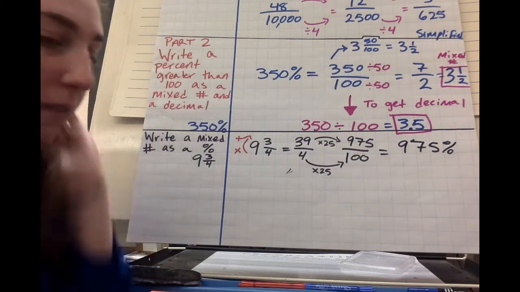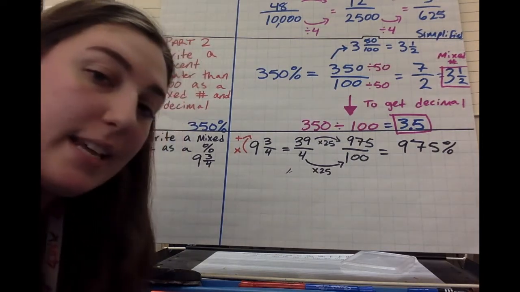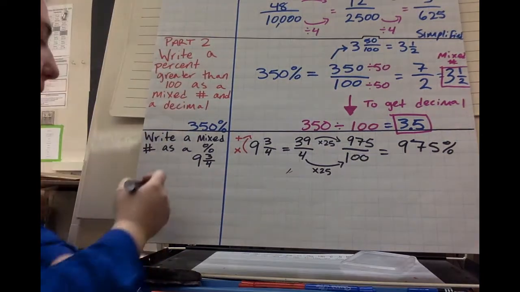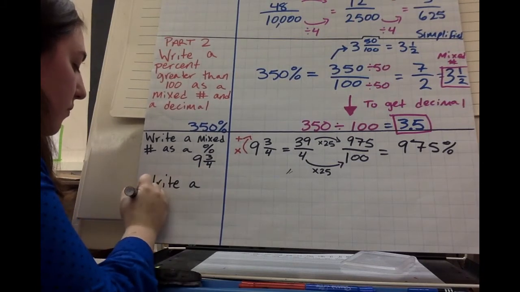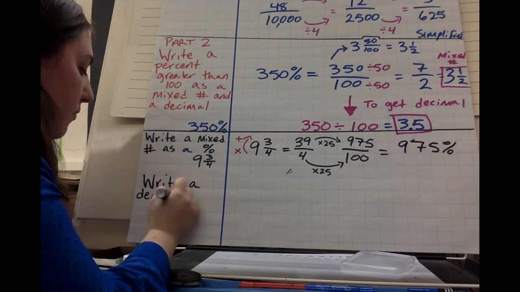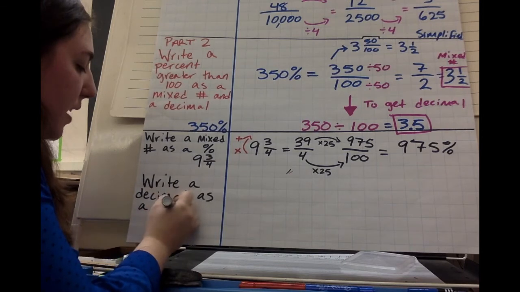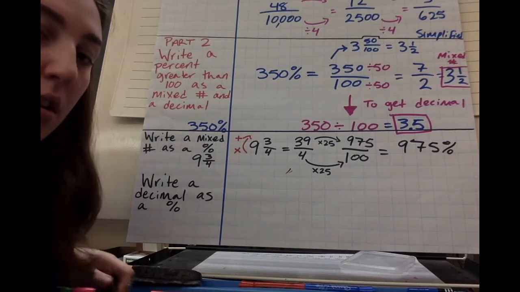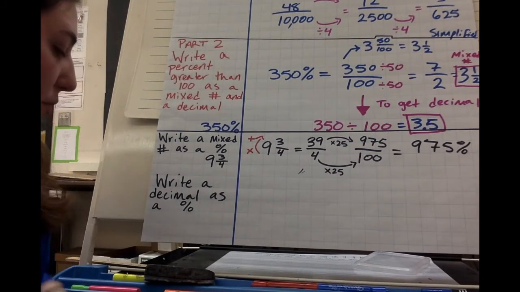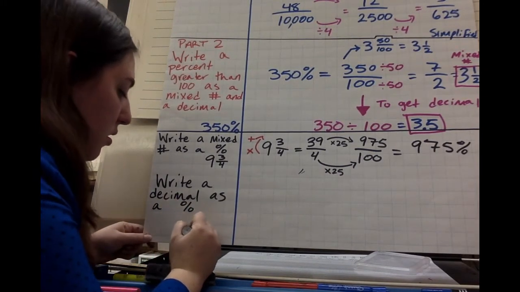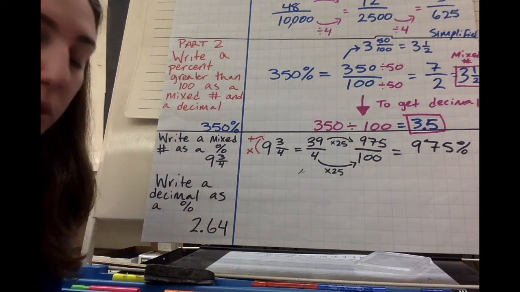The very, very last thing that we are going to do is to write a decimal as a percent. So write a decimal as a percent. The decimal that we are going to use, let's use 2.64.